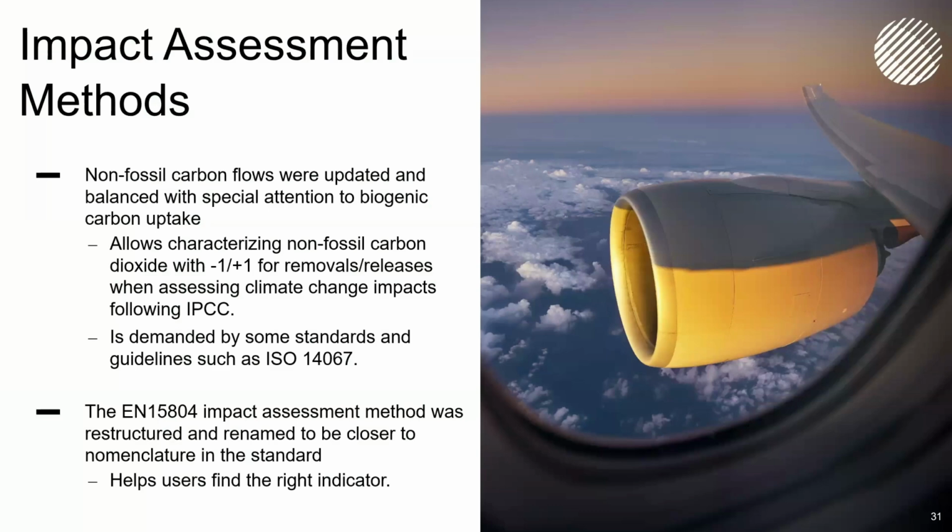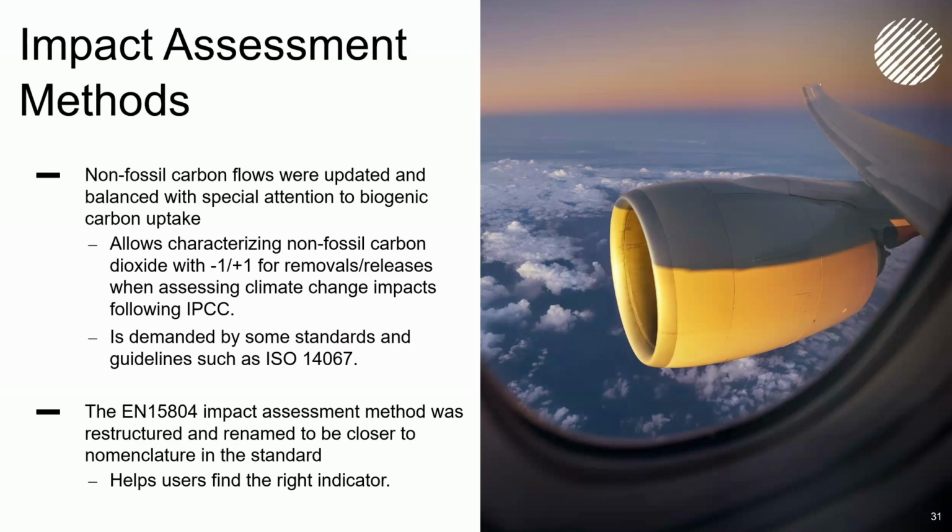So for the lifecycle impact assessment methods, the main changes are summarized here. We have a major update that concerns the characterization of biogenic carbon dioxide. To enable this update, we first updated biogenic or non-fossil carbon flows in the unit processes throughout the database, where these flows are relevant. And we balanced them while paying special attention to biogenic carbon uptake.